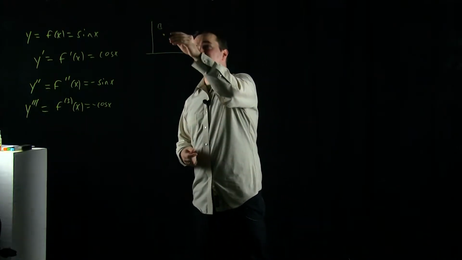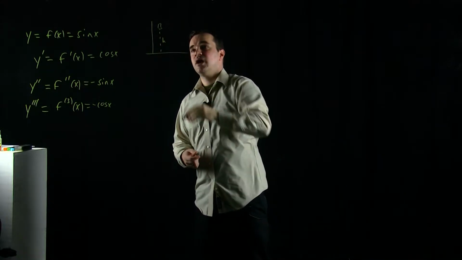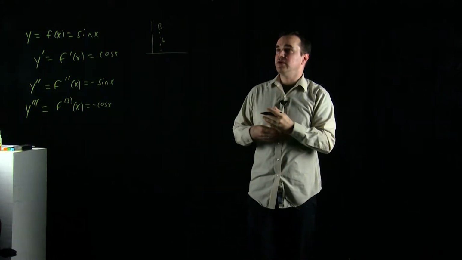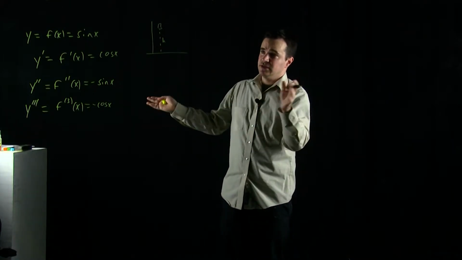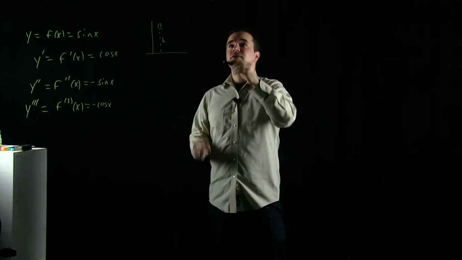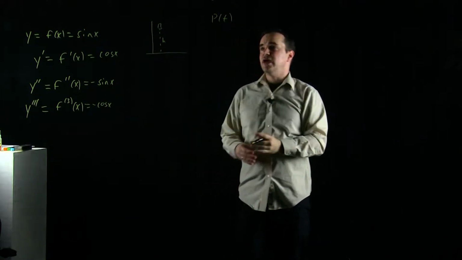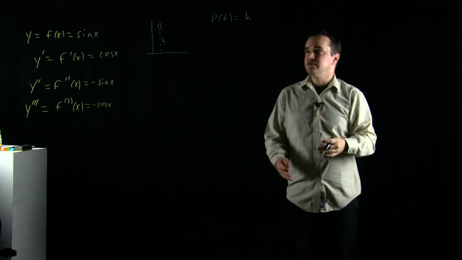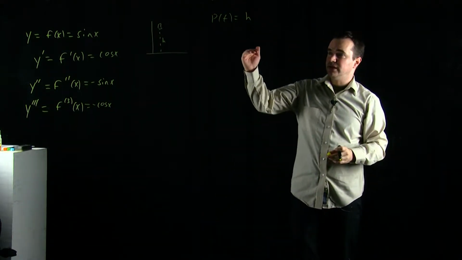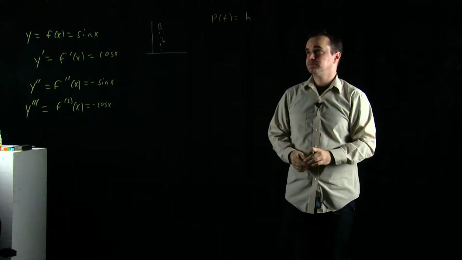At each point in time, you record the height, h, that it is above the ground. Maybe it starts out at 100 meters, and then after a couple seconds, it ends up at 0 when it hits the ground. You've got a function, maybe p of t, that just gives you the height as a function of t, as it falls. I use p for position and t for time.